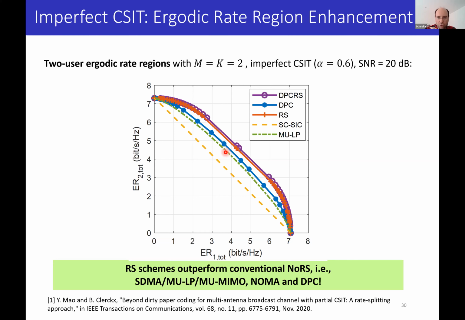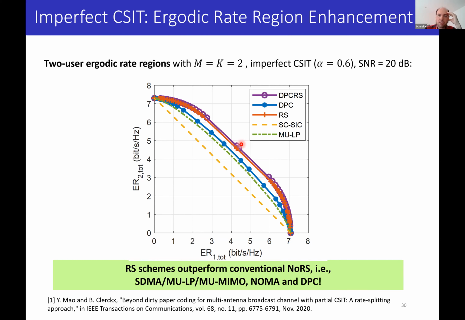This is a rate region where you have imperfect CSIT. NOMA does not perform well. Multi-user linear precoding or SDMA performs better. And DPC, in blue, performs better than linear precoding. This is expected. But then you have rate splitting that just relies on linear precoding, does not rely on any complicated encoding, and just one SIC, and that outperforms DPC.